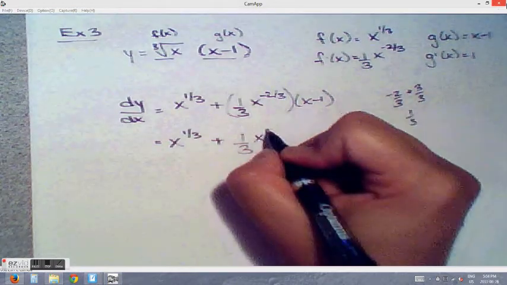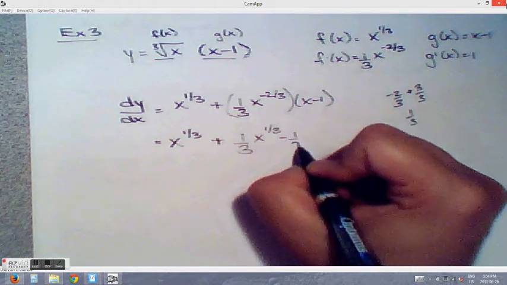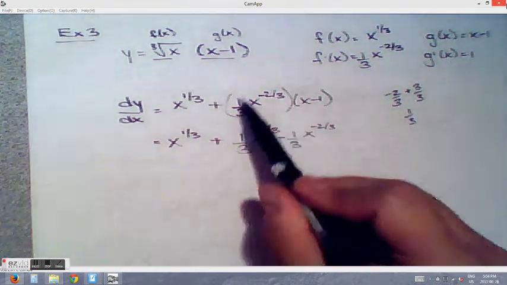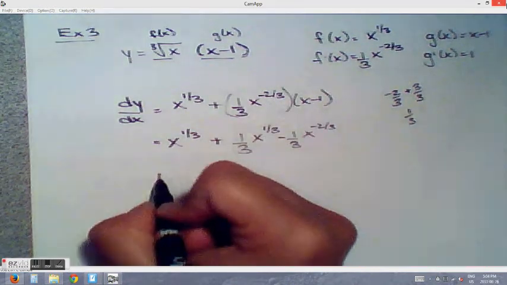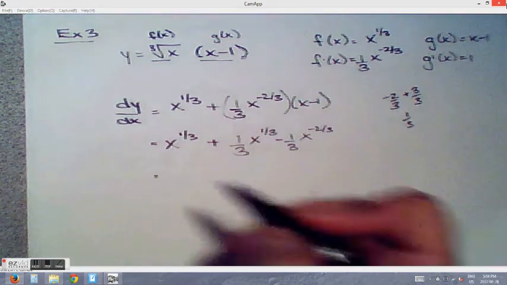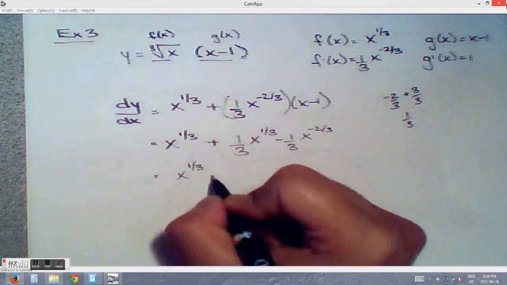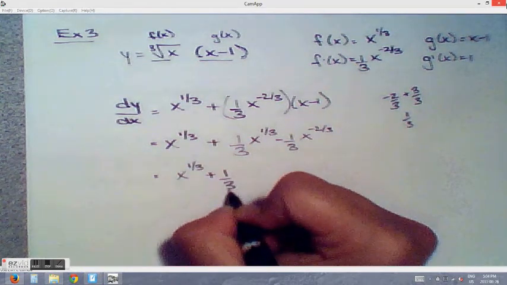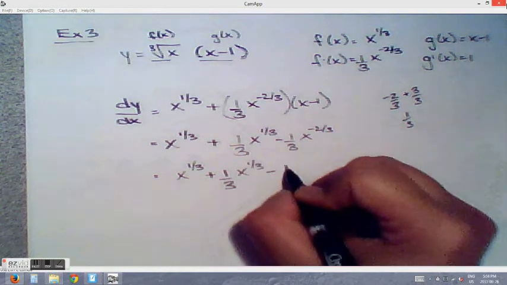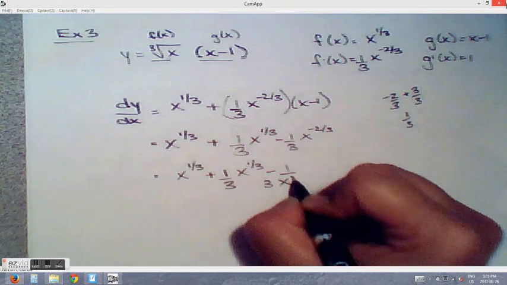x to the positive 1 over 3 minus 1 over 3 x to the negative 2 over 3. Basically it's just this times negative 1. First thing I'm going to do is change everything over to a positive exponent, and then we'll take a look at the fractional exponents in just a bit. Minus 1 over 3x to the 2 over 3.